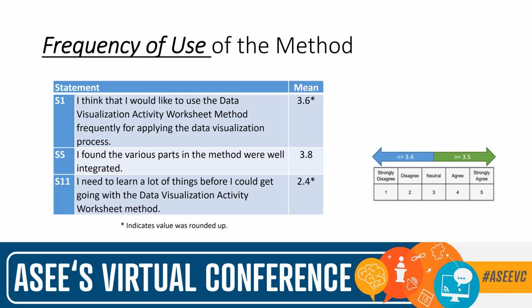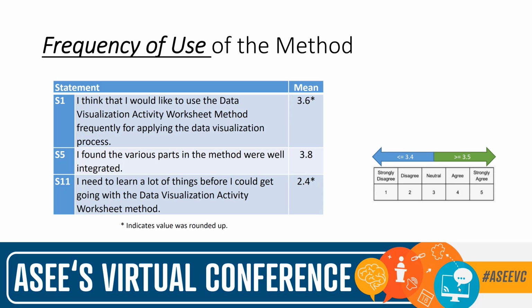The calculated mean for statement 5 responses is 3.8, which corresponds to neutral on the Likert scale, but is above the study's threshold of 3.5 or higher for favorable responses. We consider this value to be leaning more towards a value of 4, which corresponds to agree on the Likert scale, which suggests, on average, students found the various parts of the method were well integrated.